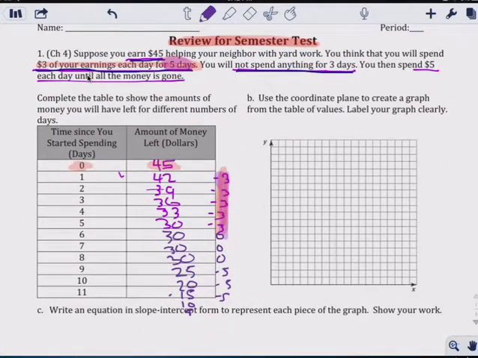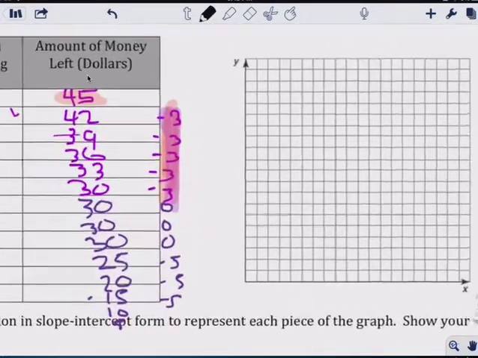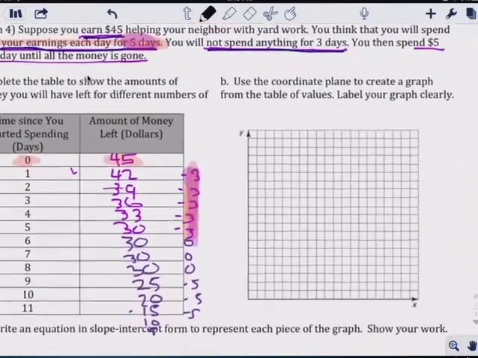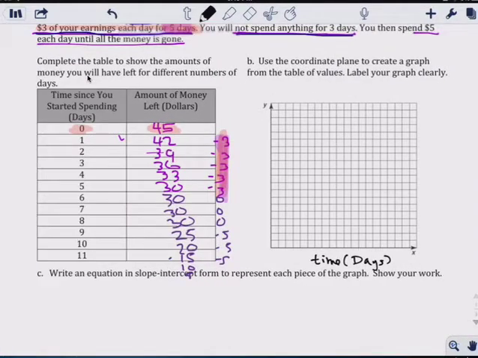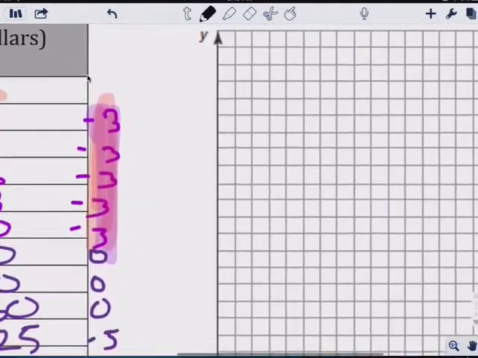Okay? So you're going to do that on here. You're going to graph it, 0, 45. This is time in days, and that's the amount of money left, money left in dollars.